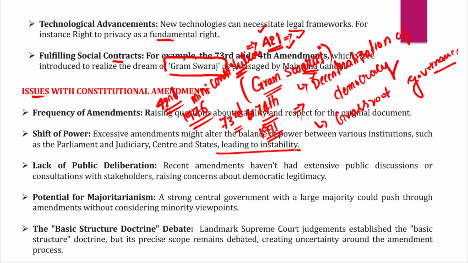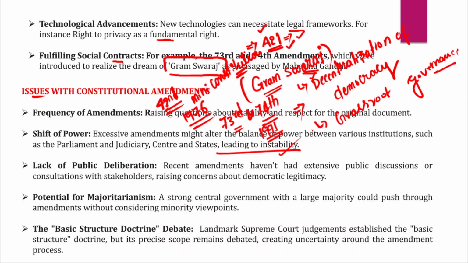Particularly, we don't have the presidential form of government, but we have the parliamentary form of government. Now, the parliamentary form of government is more and more vulnerable to such instability, and instability is not good for the growth and development of any country. Right? So when you are making frequent amendments to the Indian Constitution, of course, it would lead to instability in a political system.